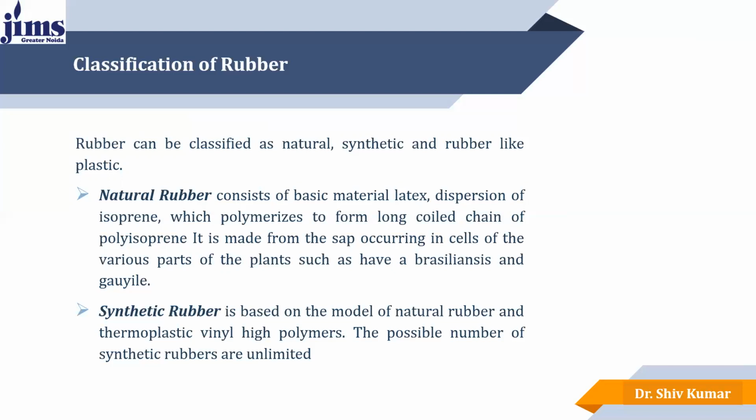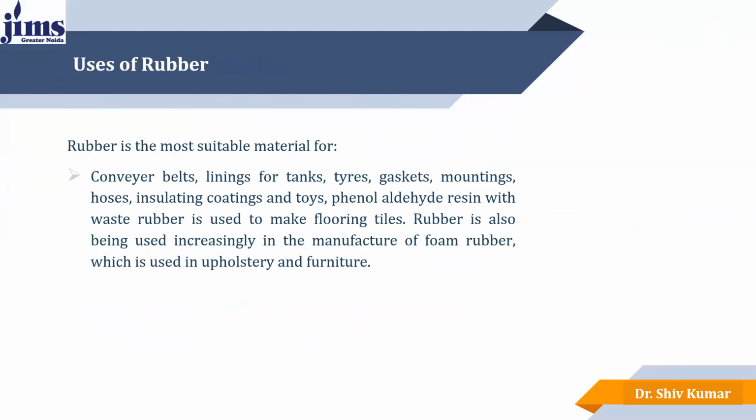The next is the synthetic rubber, which is based on the model of natural rubber and thermoplastic vinyl high polymer, which are used to make the synthetic rubbers. The uses of synthetic rubber are unlimited, and it is used in various processes and products.